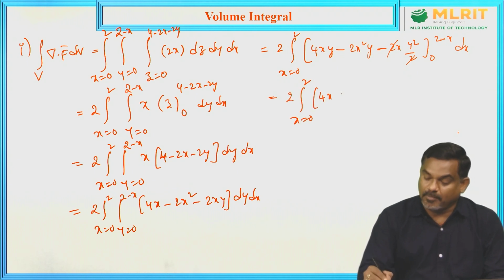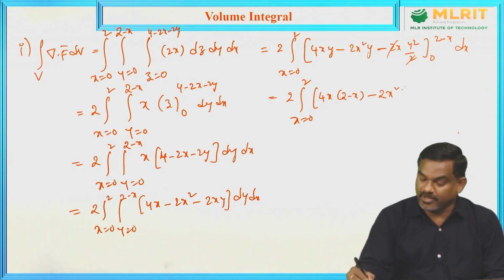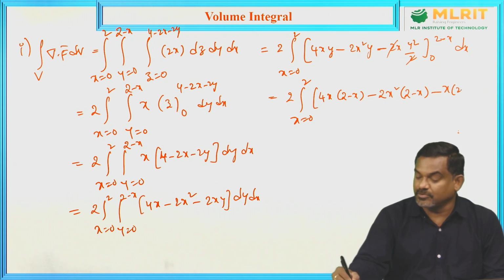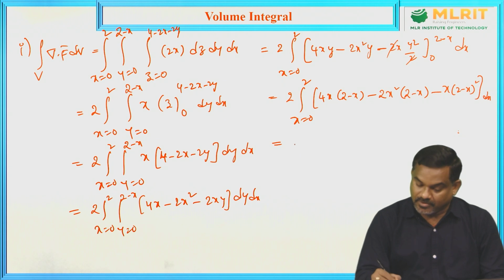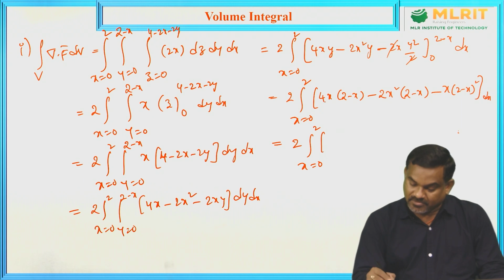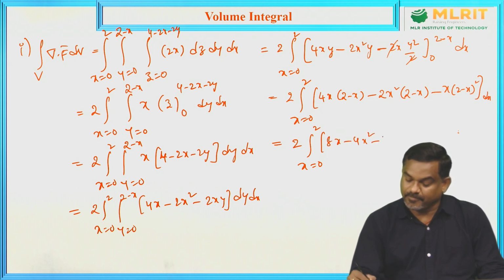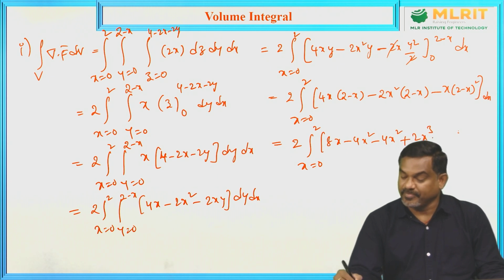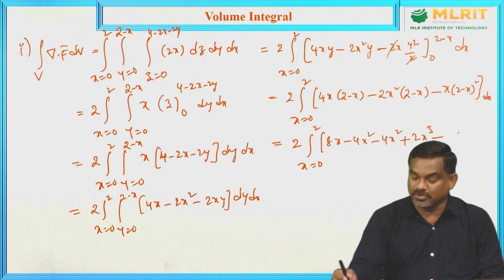So here these two get cancelled, and then we need to simplify this. 4x into the upper limit 2 minus x, minus 2x square into 2 minus x, minus x into 2 minus x whole square dx. So this is 2, x equals 0 to 2. Let us simplify this first. 4 into 2, 8x minus 4x square minus 4x square plus 2x cube, minus (a minus b) whole square.